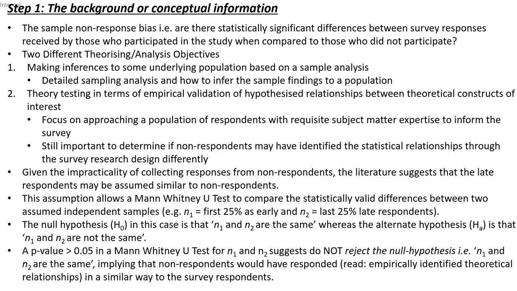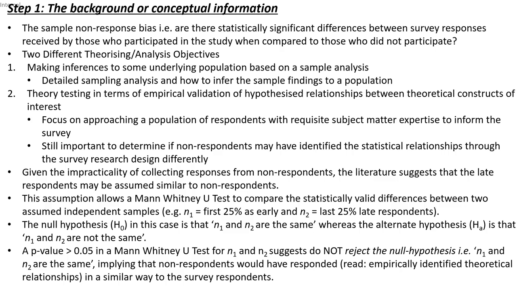Still, there is a population of respondents with requisite subject matter expertise, but the objective is not to infer the findings to a larger population. That is not the major priority. However, we still need to account for the possibility that non-respondents to our study could have responded differently, could have identified the statistical relationships in a different way. So that's the second approach.